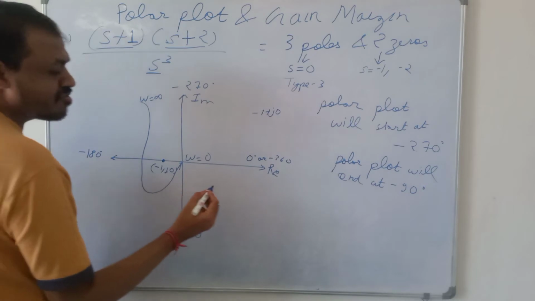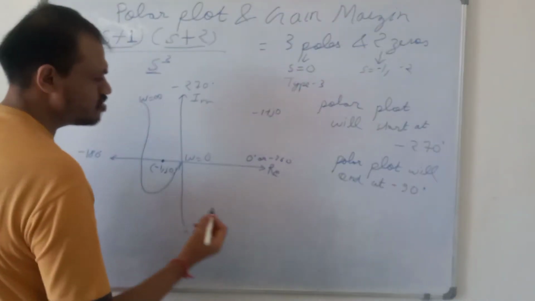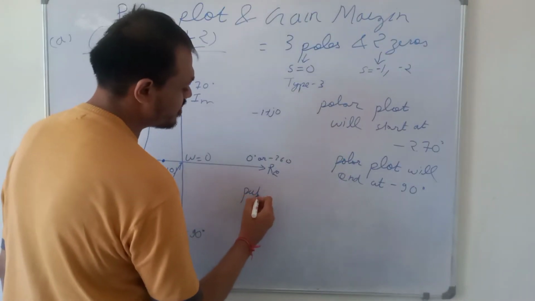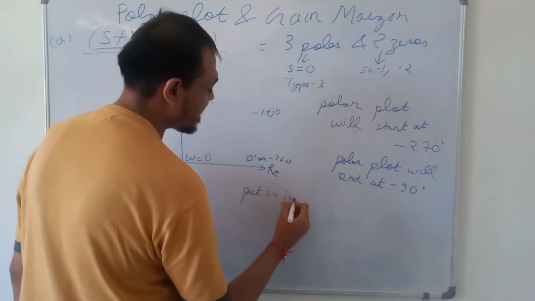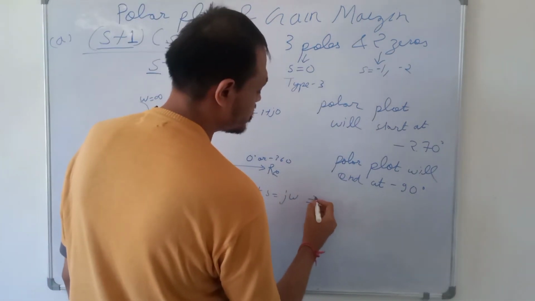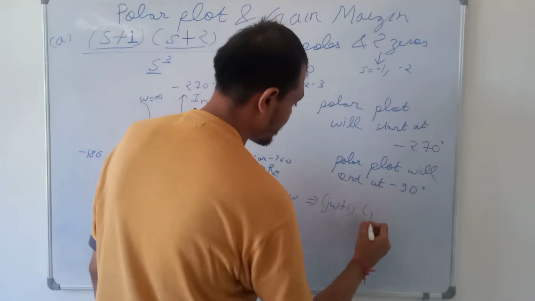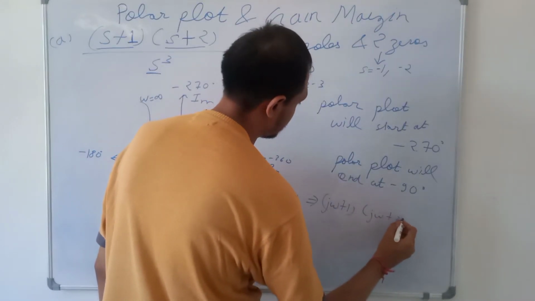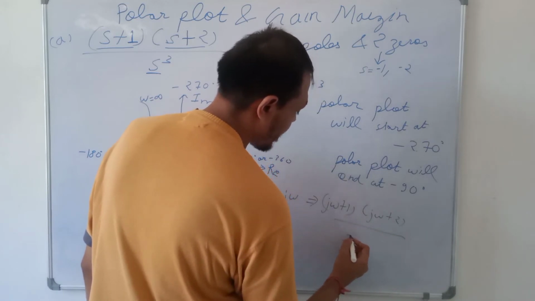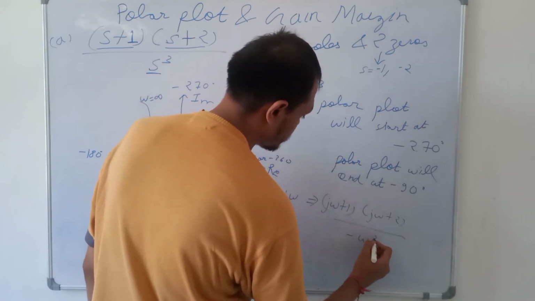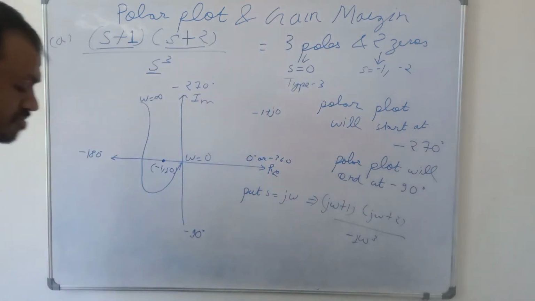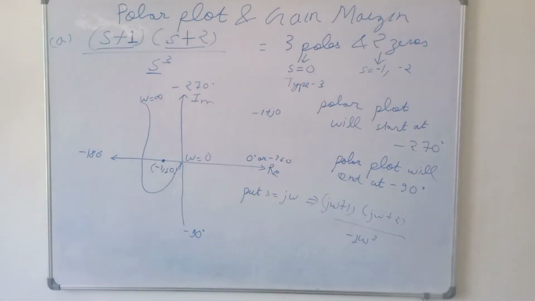How to determine omega values? We just put s equal to j omega. If we put s equal to j omega, then we get (j omega plus 1)(j omega plus 2) upon minus of (j omega) cube.